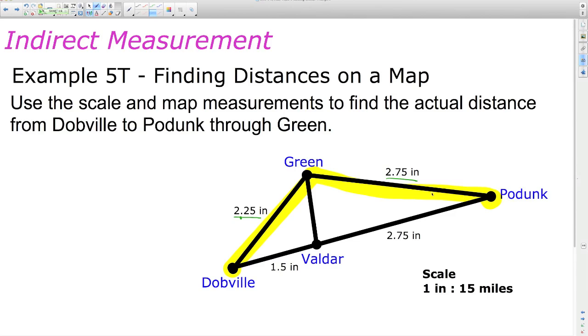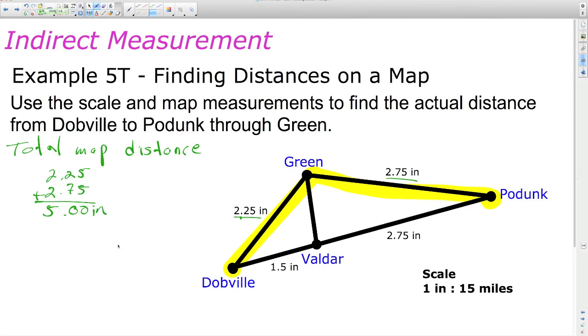So we have to find a total here, and the total map distance is going to be 2.25, I keep saying 2.5, 2.75. We're going to add those together. That should be some pretty easy addition. 2.25 and 2.75, that gives us a total of 5. A quarter and 75 is a dollar, and carry the 1. 2 and 2 is 4, plus 1 is 5. So that'd be 5 inches.